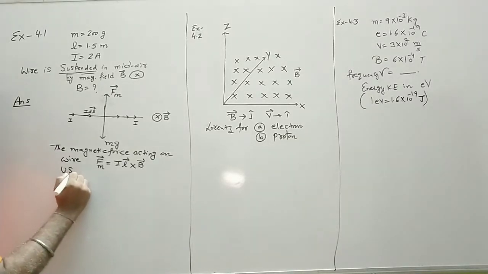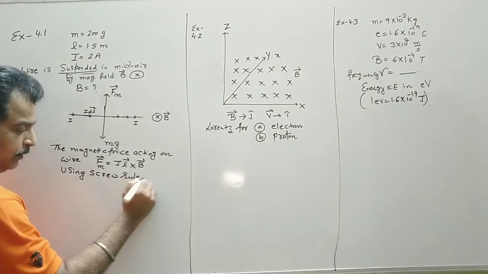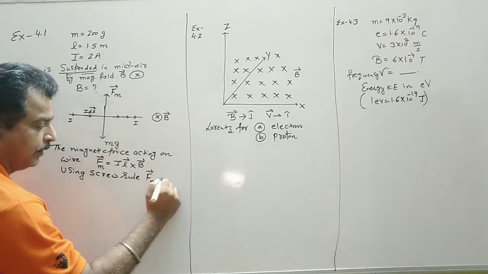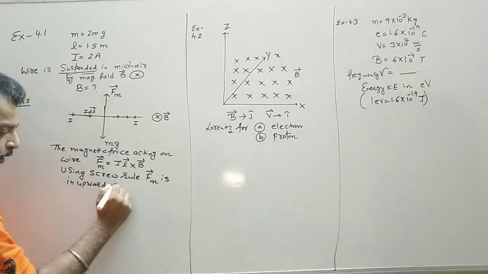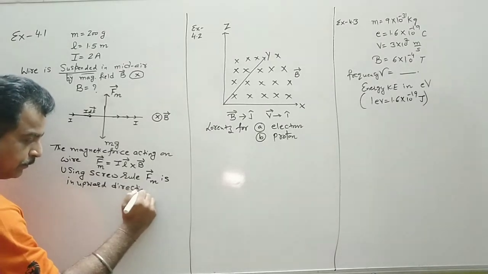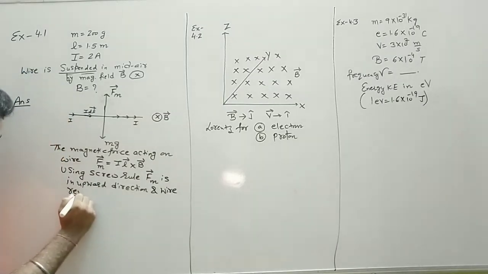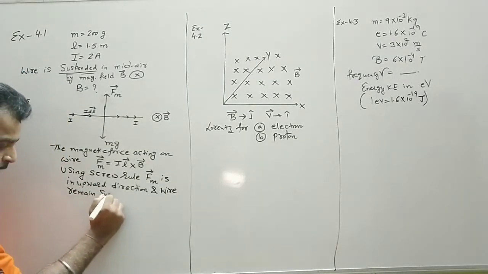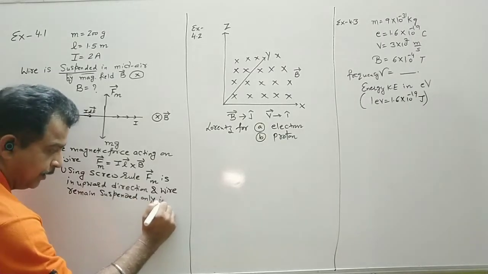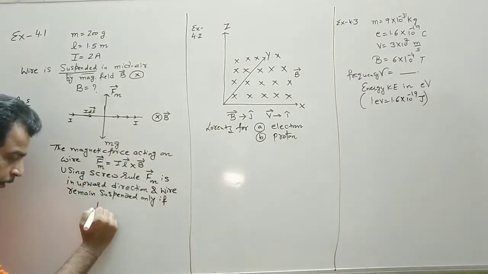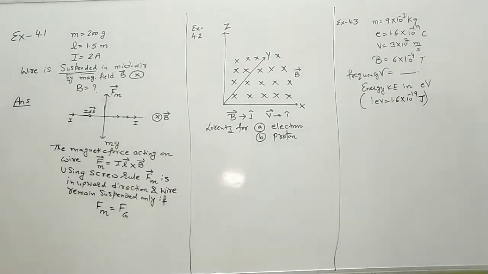So using screw rule, Fm is in upward direction and wire remains suspended only if Fm is equal to Fg, that is the magnitude.